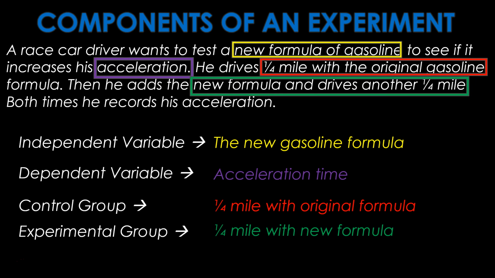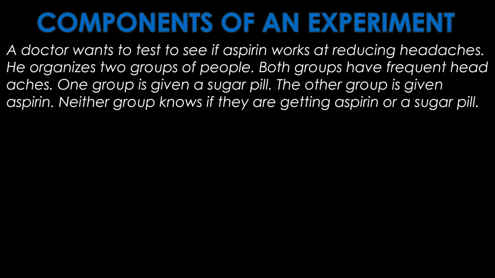Let's do another one. A doctor wants to test to see if aspirin works at reducing headaches. He organizes two groups of people. Both groups have frequent headaches. One group is given a sugar pill. The other group is given aspirin. Neither group knows if they're getting aspirin or a sugar pill.